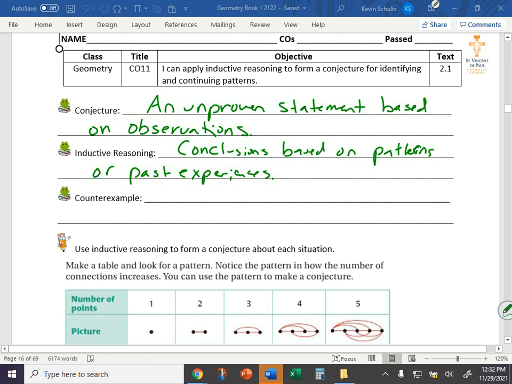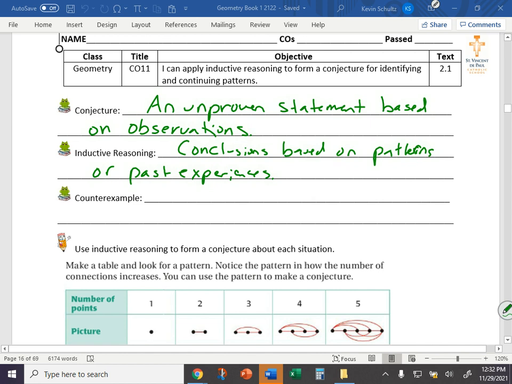But it's a very informal type of reasoning. You do not want to go into a courtroom and state your case for or against your client based on inductive reasoning. Why not? Because it's not very formal.